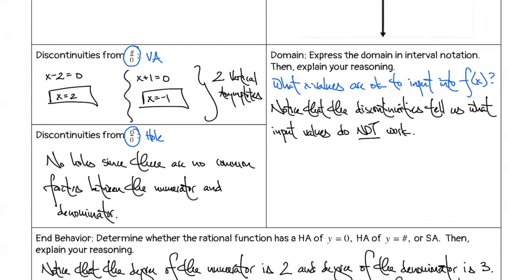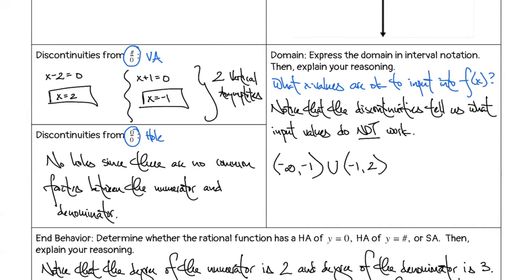So here's how we write this, okay? We basically want to say all values except x equals -1 and x equals 2. So we're going to start from -infinity and we're going to go to -1. We're going to use the parentheses here because we're not including -1. We're going to put a little U symbol. That U means in union with. It's like an and. The piece from -1 to 2.